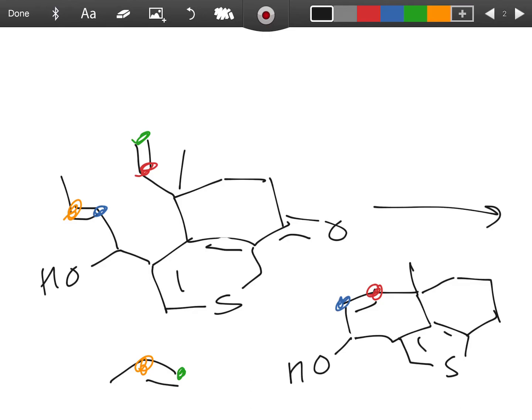Remember in organic, we talked about kinetic versus thermodynamic control. With thermodynamic control, you go back and forth, you set up an equilibrium until you make the most stable thing you can, and then that thing stops reacting. That's what we're doing here: we go back and forth until we make the most stable thing that we can.